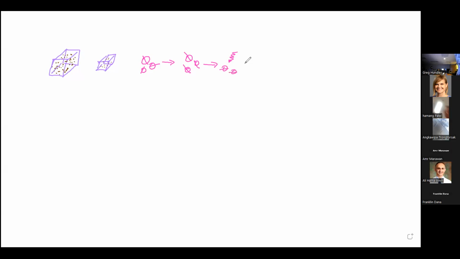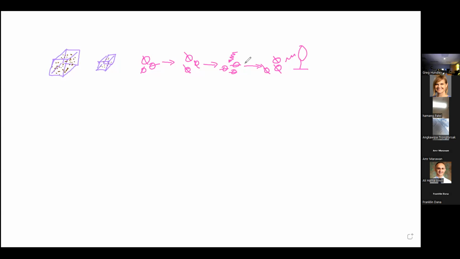Outside of the magnet, the protons are all spinning in random fashion. Inside the magnet, they all line up. Then we do the FM radio wave, and all of the protons tip their spins. After that, they go back to their orientation in the magnet and release energy, and we have antennas that pick that up, and that's what we use to make a picture.